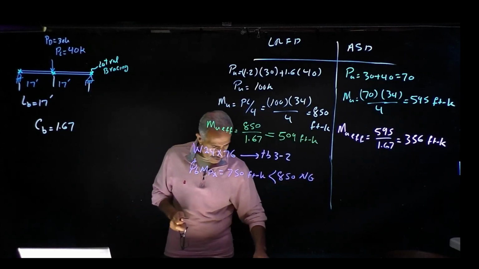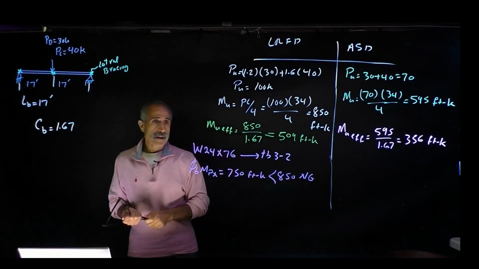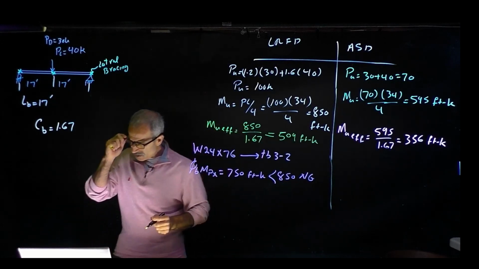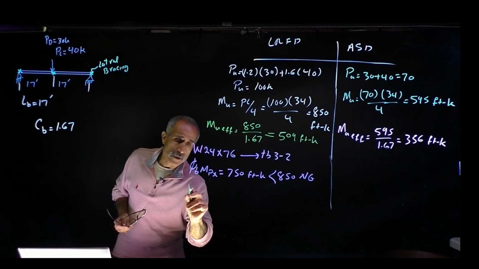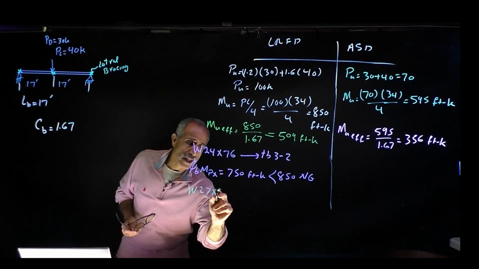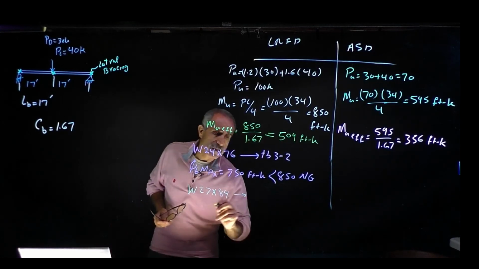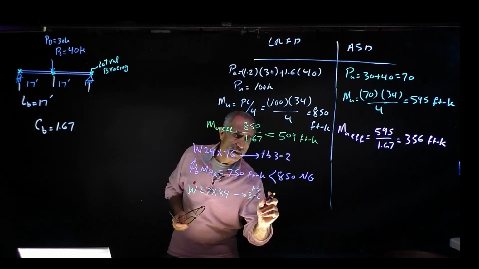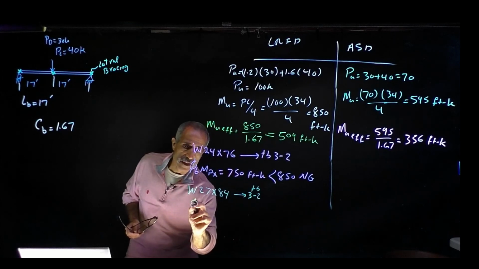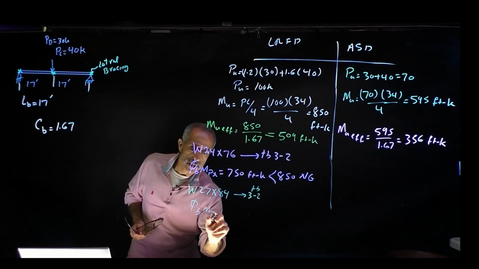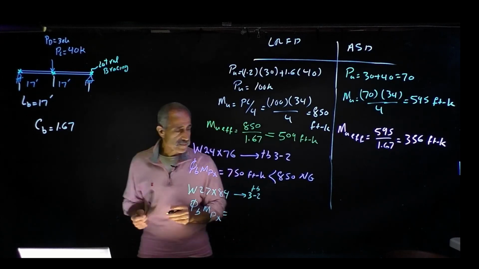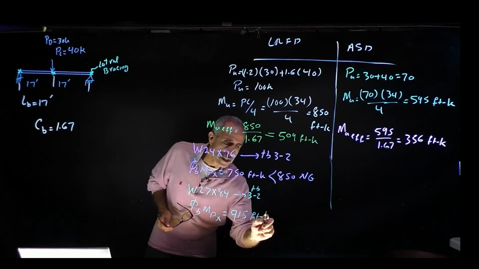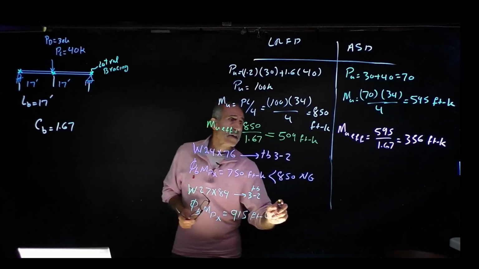We're going to go ahead and try one from the same line. Let's pick W27 by 84. From Table 3-2, it's going to give us our phi b Mpx coming out to 915 foot-kip, which is bigger than 850.